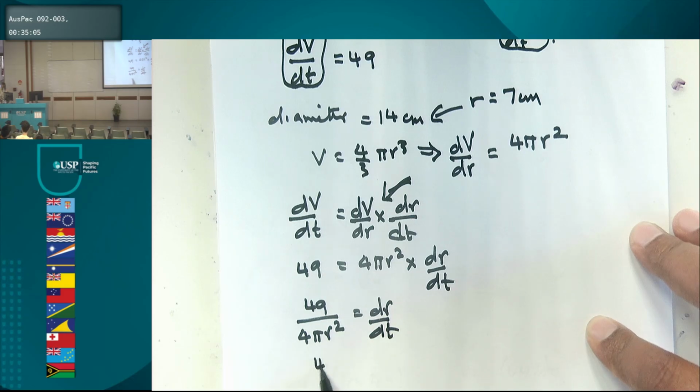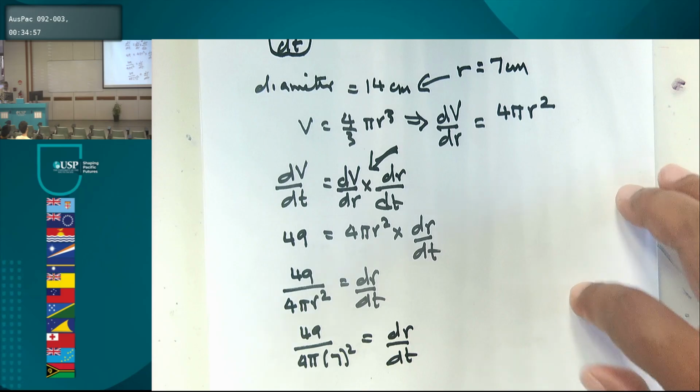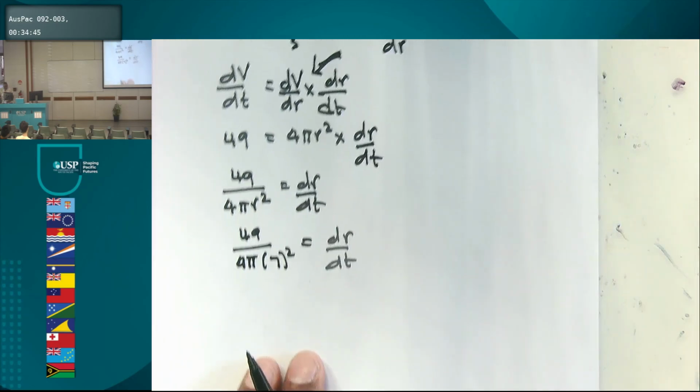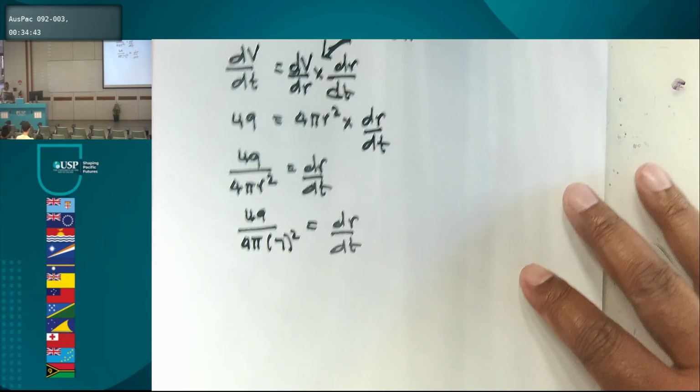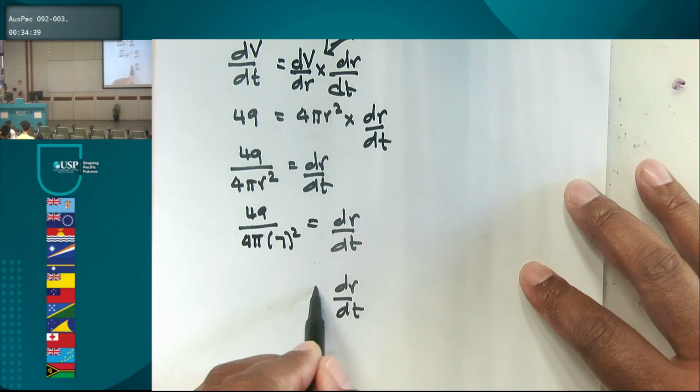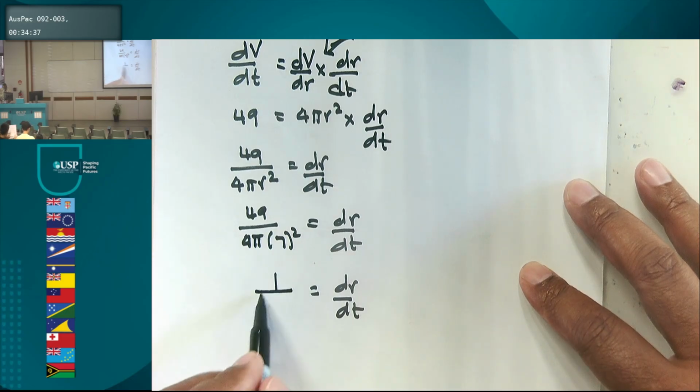So 49 over 4 pi times 7 squared. What does that give us? 7 squared is 49. So 49 over 49, I'll cancel that off. What am I left with? dr over dt equals 1 over 4 pi.